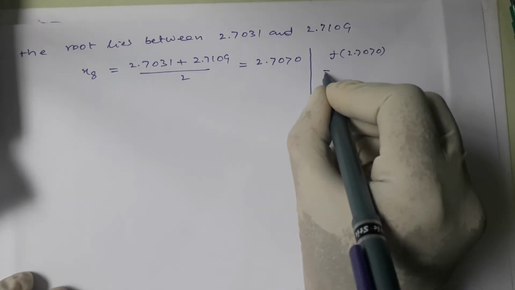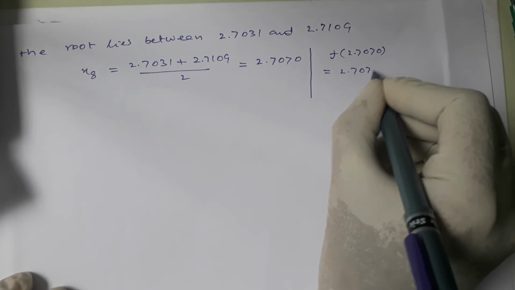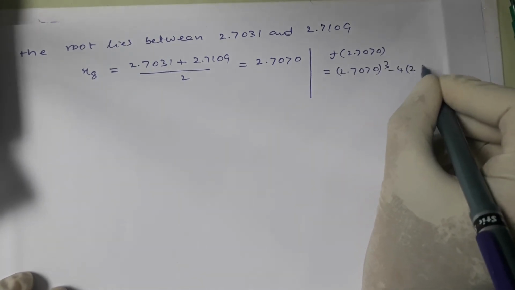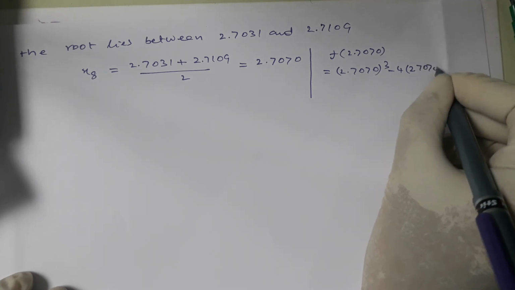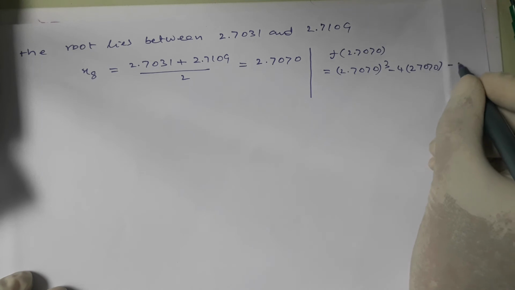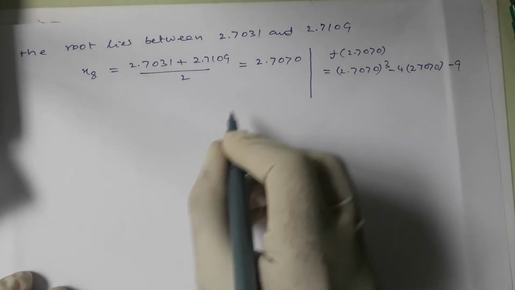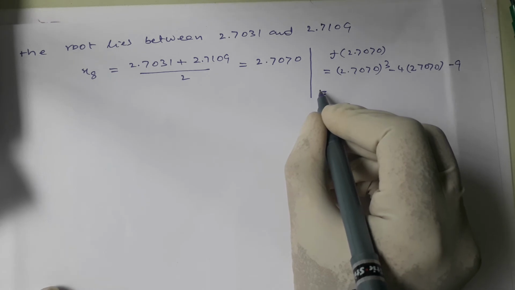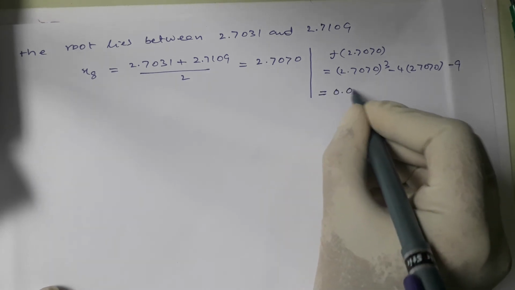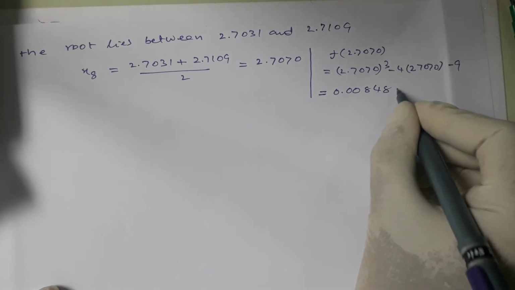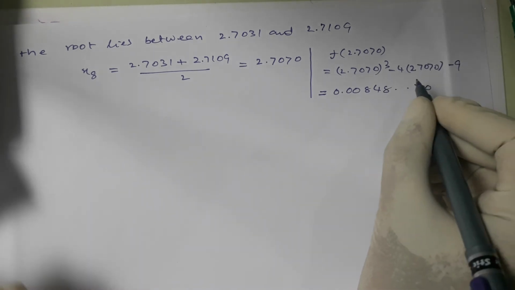2.7070 is equal to 2.7070 whole cube minus 4 into 2.7070 minus 9 is equal to, its simplification is 0.00848, greater than 0, the positive.